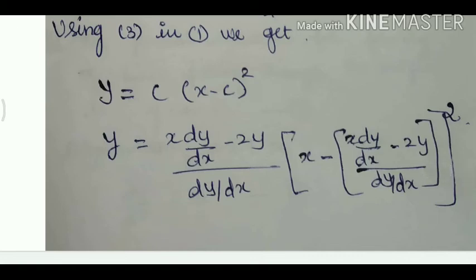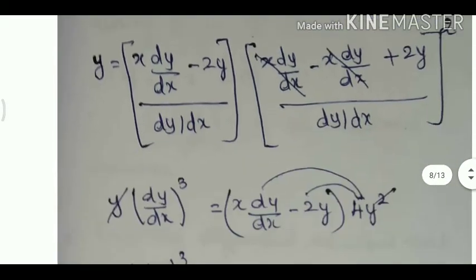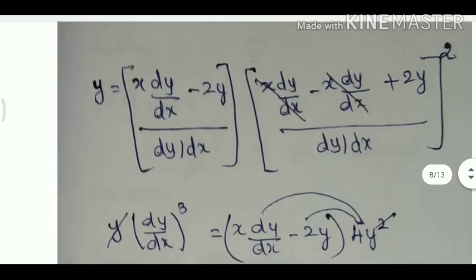Here also, this value of c equals (x − x dy/dx − 2y)/(dy/dx)². So y equals, after that, after elimination, that is, in order to eliminate these things, you have to multiply x into dy/dx, likewise x into 2y. So you are getting (dy/dx)³.